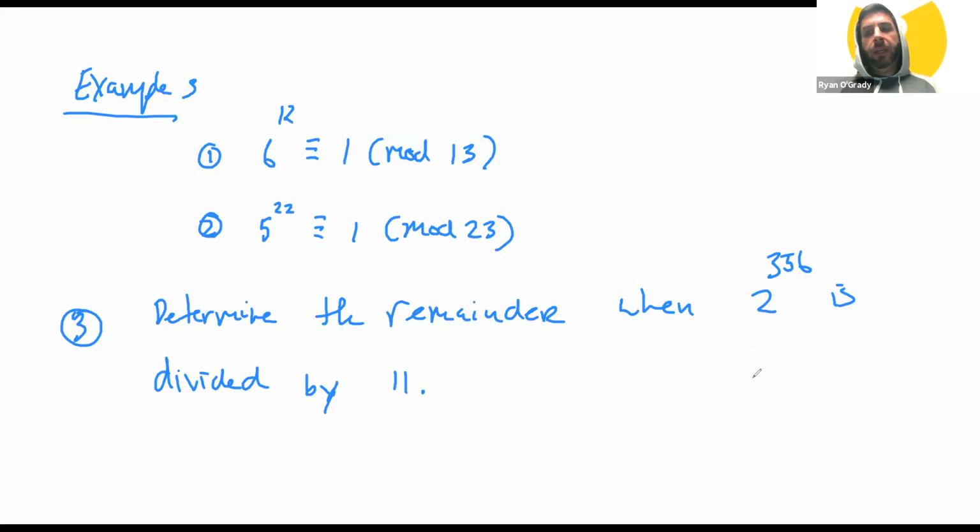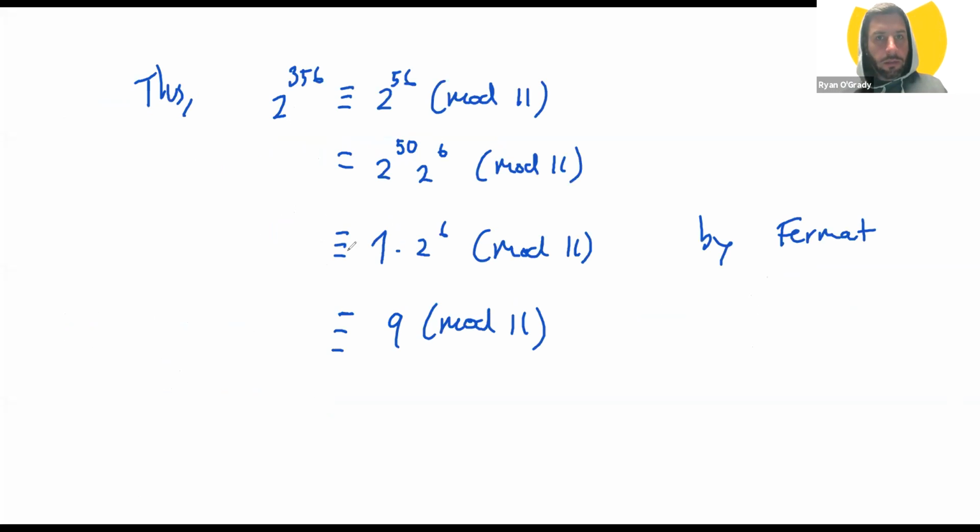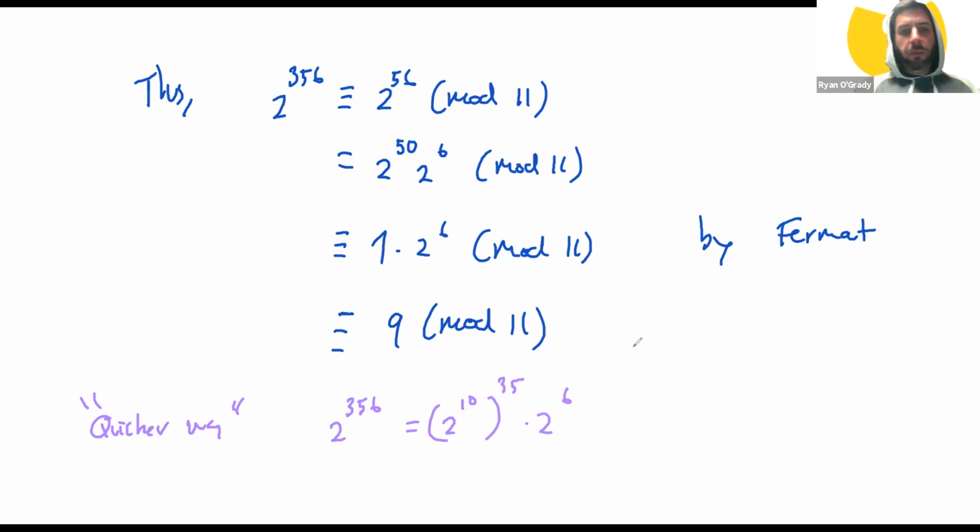So alternatively, here's a quicker way of doing it. 2 to the 356 is the same as 2 to the power 10, and then that would be 35th power, times 2 to the 6th. So you need to reason your exponents there.